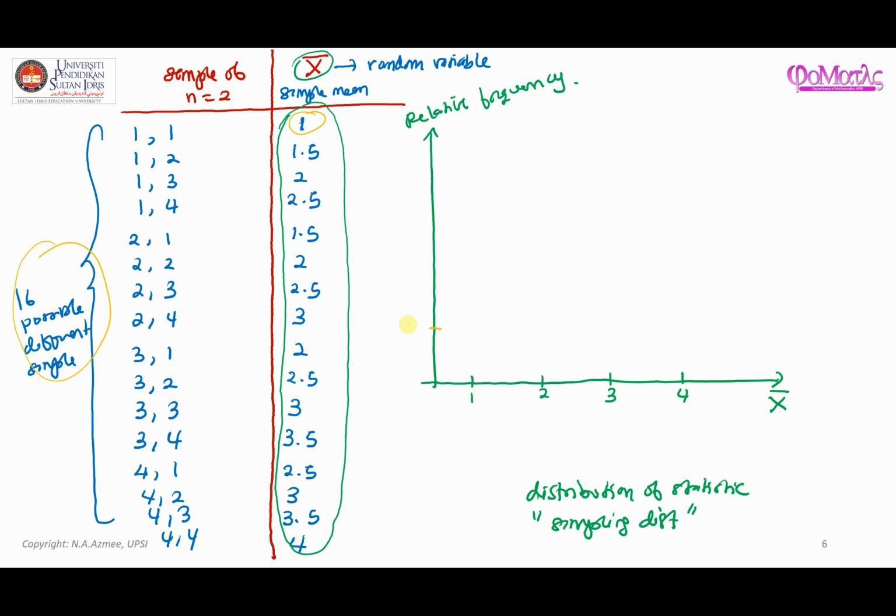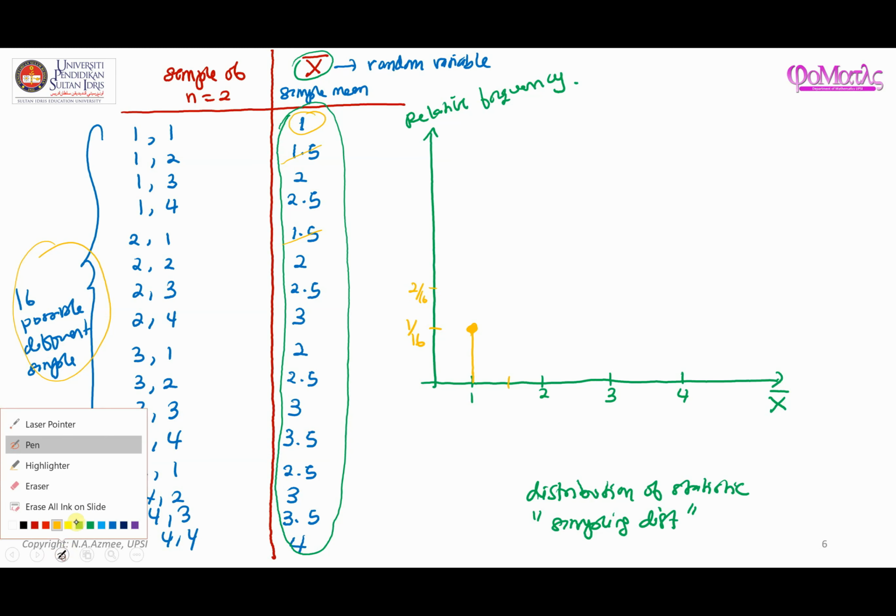Let's say that this is the point of 1 over 16, so 1 is at this point. The next value is 1.5. 1.5 happens at this point and this point, so that is 2 times out of 16.